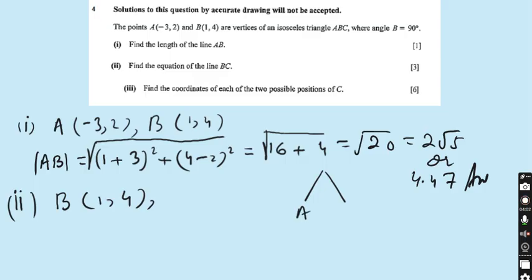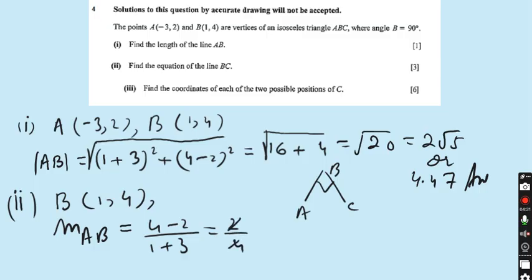But you know, according to the question, A, B, C. According to the question, angle B is 90 degrees. It means line AB and BC both are perpendicular. So first we have to find the gradient of AB. That is y2 minus y1 upon x2 minus x1: 4 minus 2 is 2 upon 4, which is 1 upon 2.